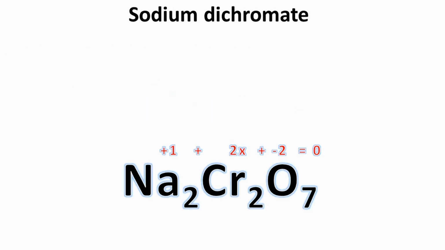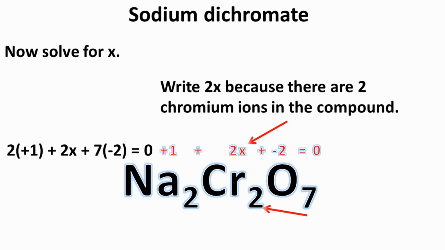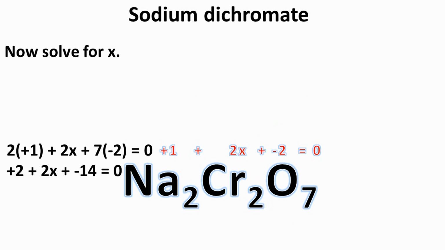Now for sodium dichromate. First, write the known oxidation states, where again sodium will be +1 and oxygen will be -2. Now solve for x. 2 times +1 plus 2x plus 7 times -2 is equal to 0. And +2 plus 2x plus -14 is equal to 0. 2x plus -12 is equal to 0.